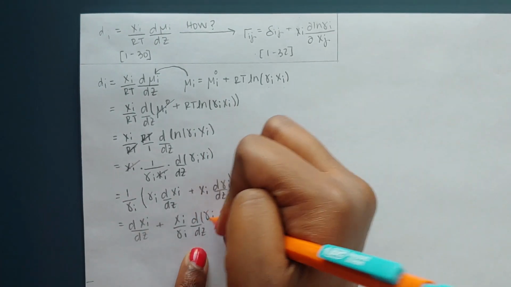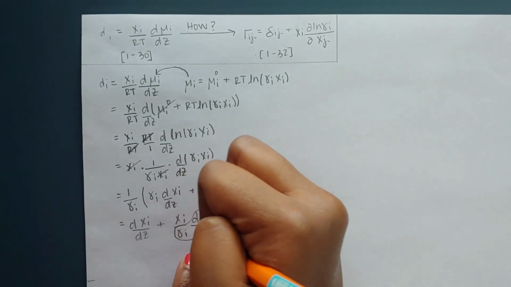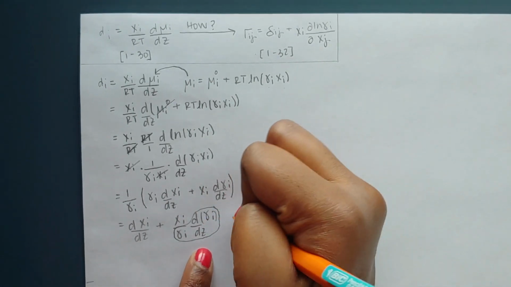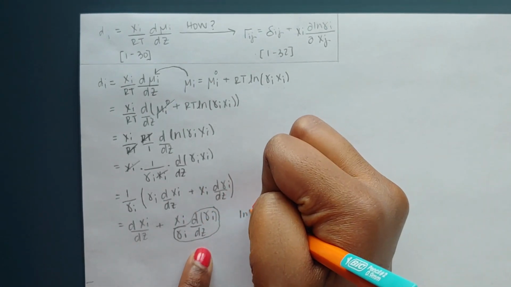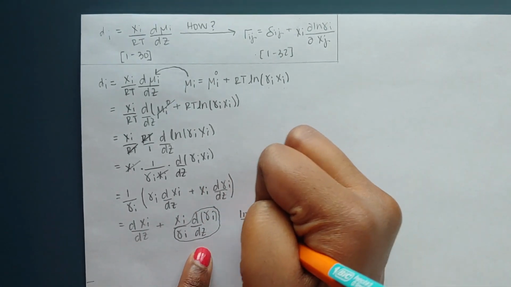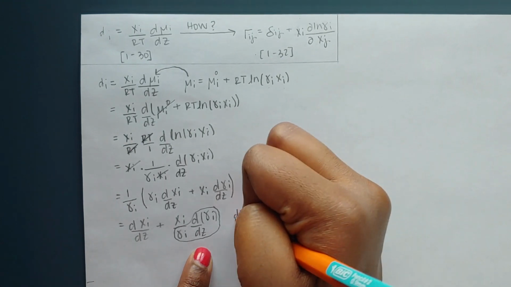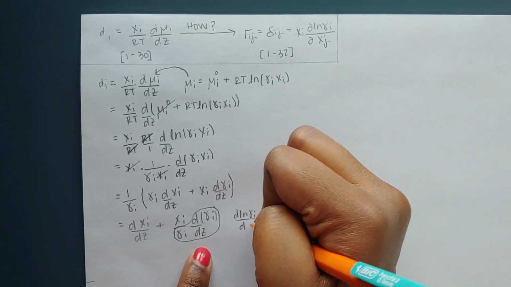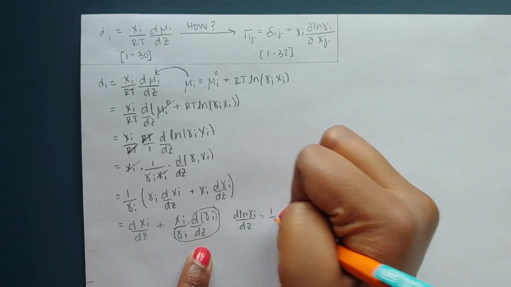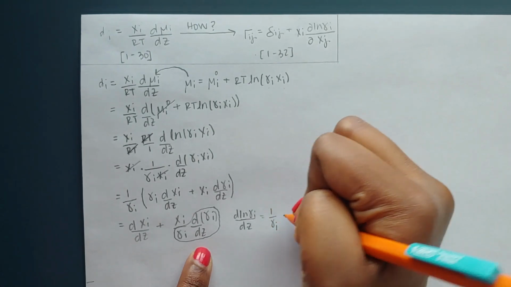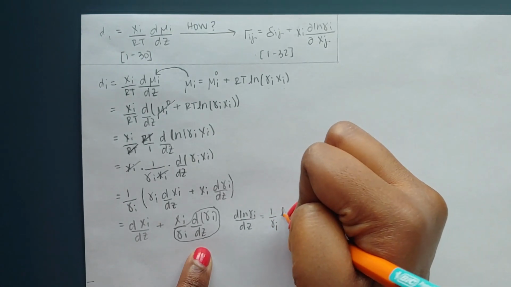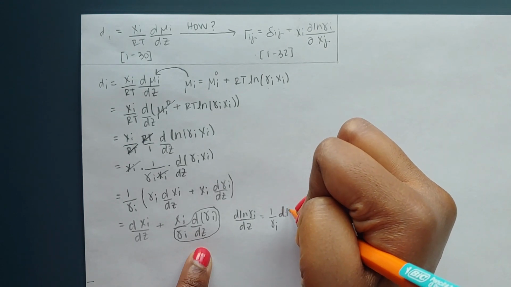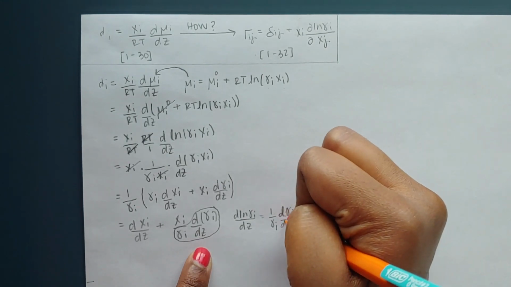This second part can actually be written more simply, because the derivative of natural log gamma i is equal to 1 over gamma i times the derivative of gamma i over dz.